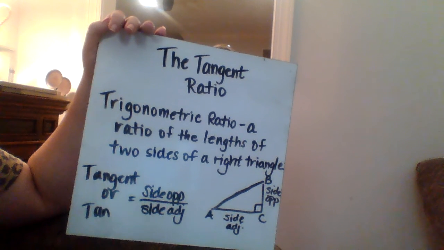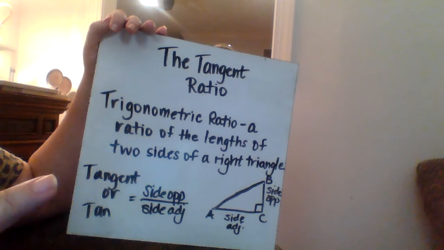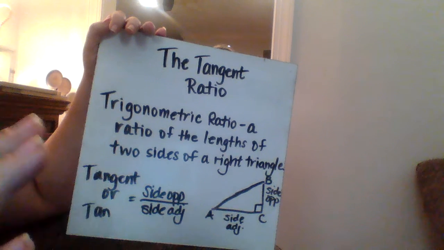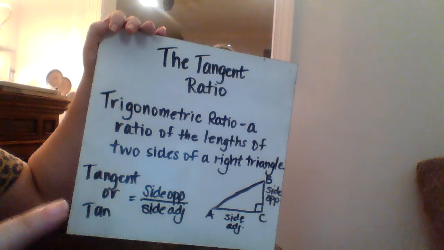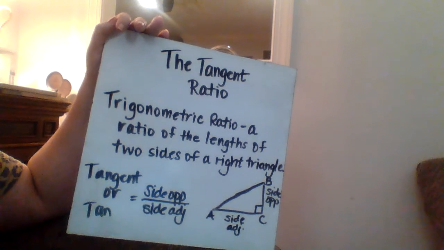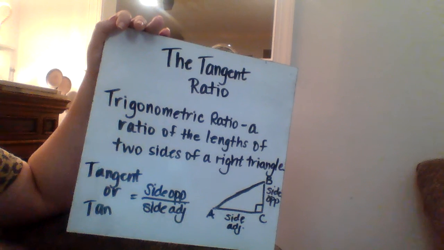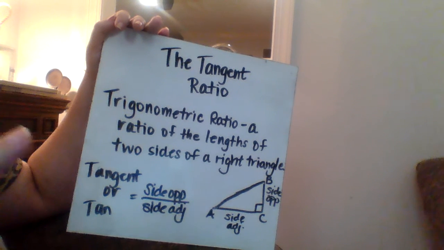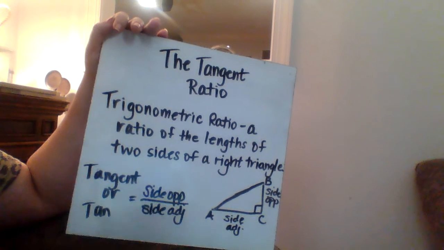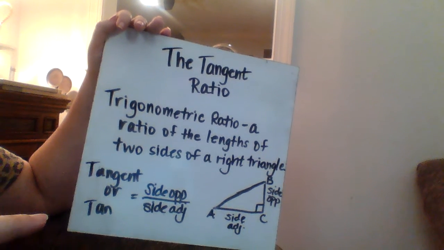We're looking at a trigonometric ratio, which is a ratio of the lengths of two sides of a right triangle. So we're still staying in our right triangle study, but we're looking specifically at the tangent ratio.